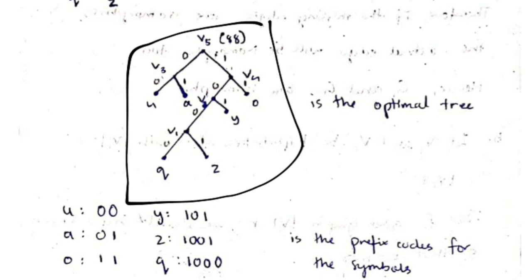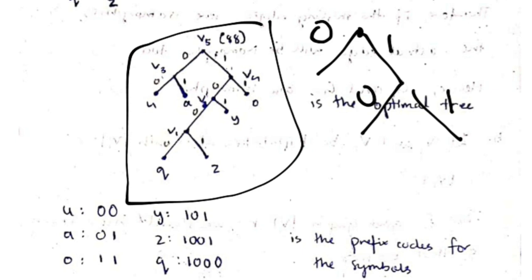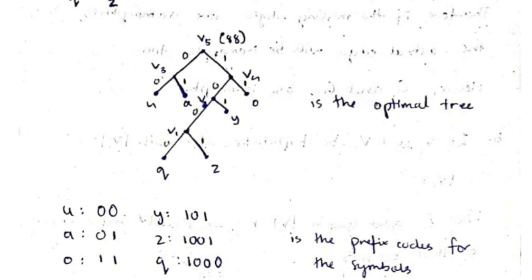And then remember, if this is the node and these are the branches, the right part will be 1, left part will be 0. In this case again left part will be 0, right part will be 1. Okay, so in that case we will write here zeros and ones, and after that we have the code for each of these letters.